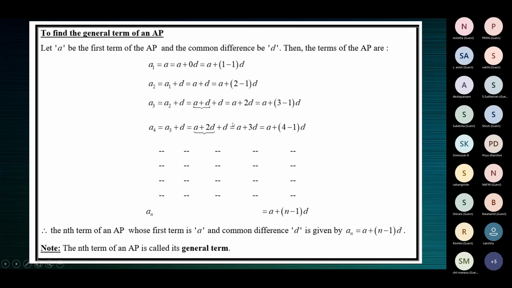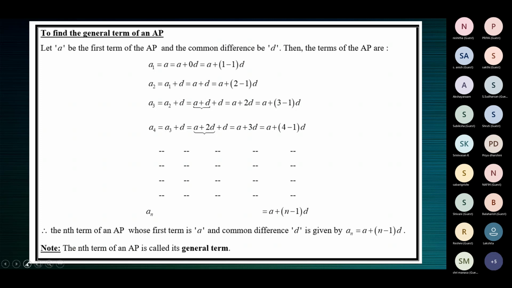How is this derived? To construct an arithmetic progression, you basically need two things: the first term and the common difference. When you know the first term and the common difference, you can construct the arithmetic progression.